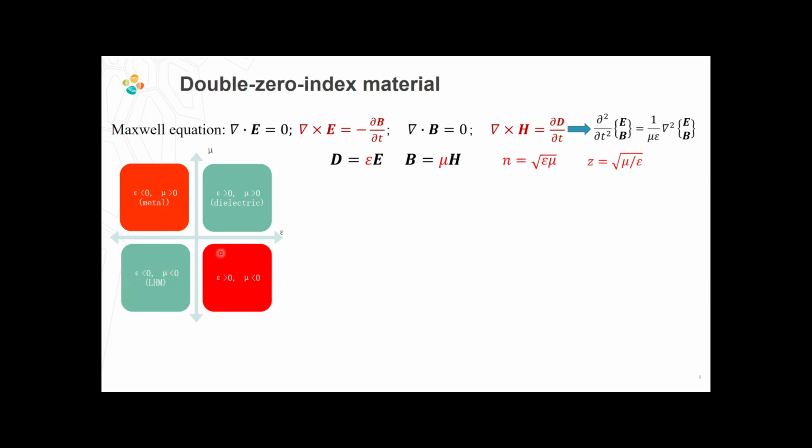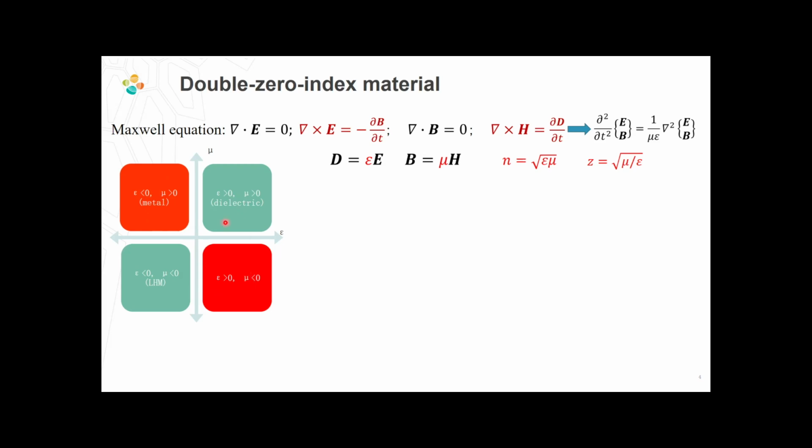But if they are of opposite signs, then n becomes imaginary, the wave vector is also imaginary, and the wave becomes evanescent. So I put red color, indicating that the wave cannot propagate, but rather decays evanescently. This quadrant means the metal, and this is some magnetic materials.